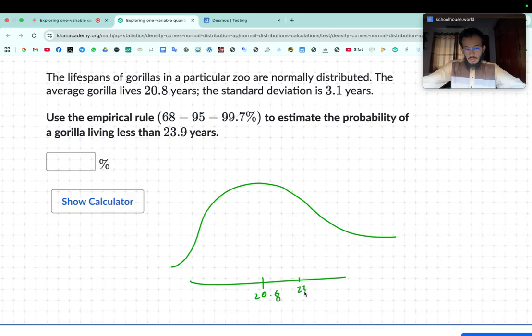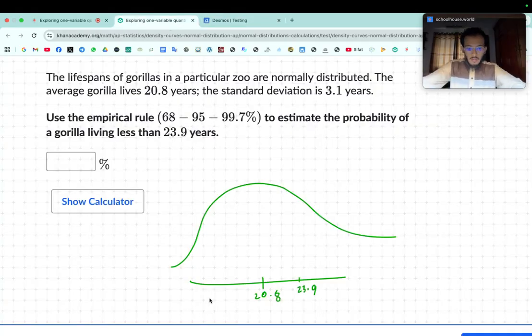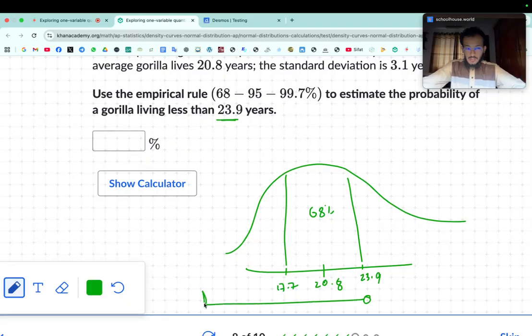And 20.8 minus 3.1 is 17.7. This is one standard deviation, the area of which is 68%. And they want us to estimate the probability of a gorilla living less than 23.9, which means this shaded region.